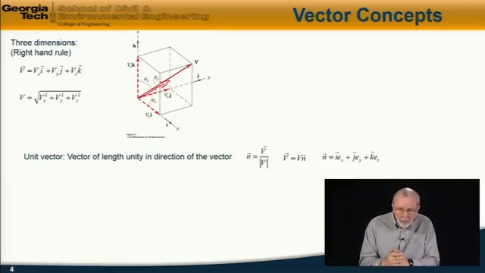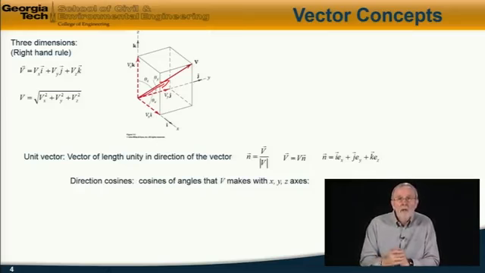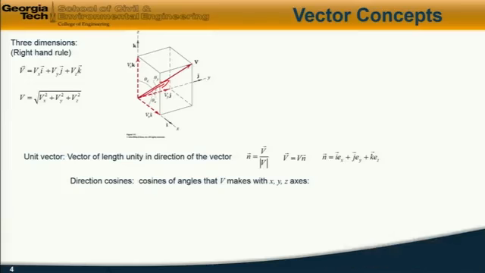And the components of the unit vector in the x, y, and z directions we can denote by ex, ey, and ez, so we can also write the unit vector in this form. And it's also useful to use the direction cosines. The direction cosines are the cosines of the angles that the vector makes with the x, y, and z axes. So, for example, in this case, theta x here is this angle, the angle of the vector relative to the x-axis.